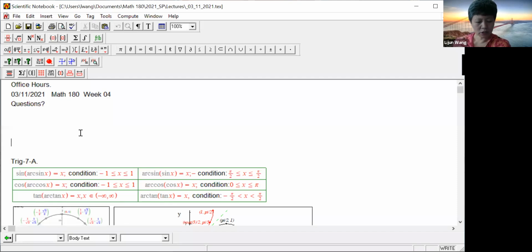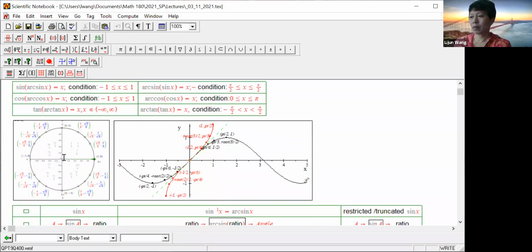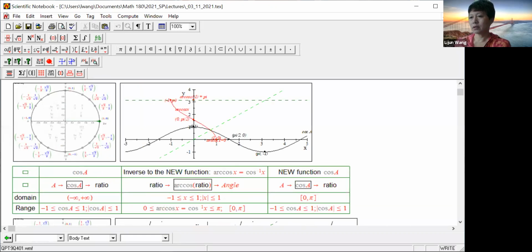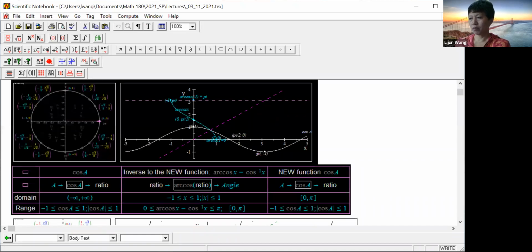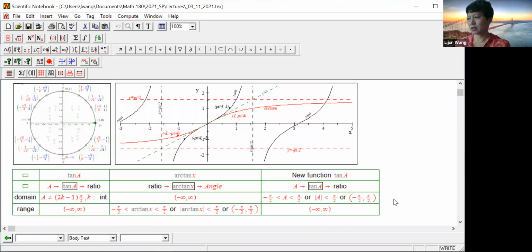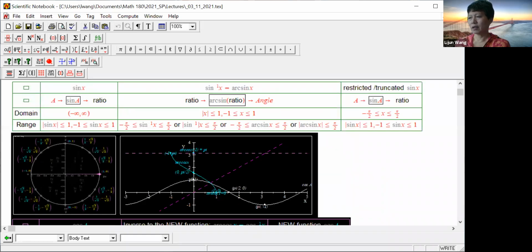So all these questions we're talking about in Trig 7a are very typical of the composition of functions, and we have to understand that we've covered these one by one. We covered sine, arc sine, arc tangent, arc cosine, all of these.